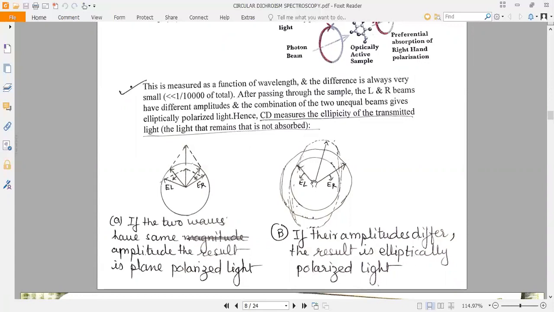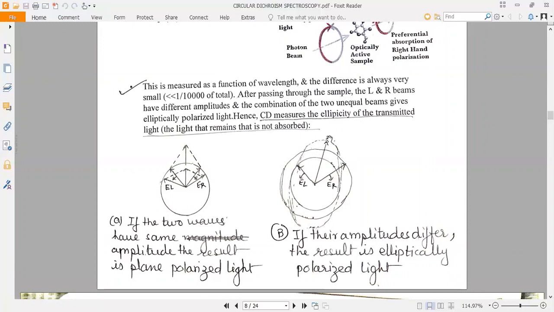This is the amplitude of the anti-clockwise direction, and this is the amplitude of the right or clockwise direction, and the net result of the wave comes out like this.